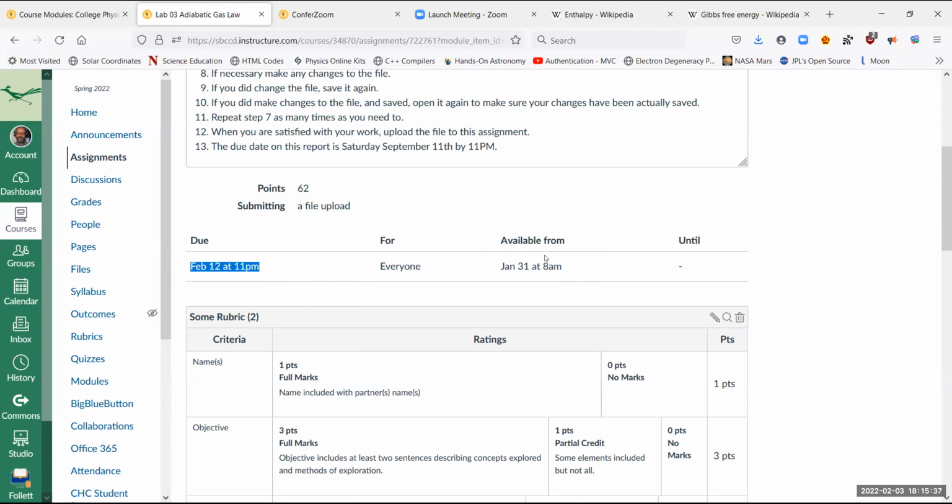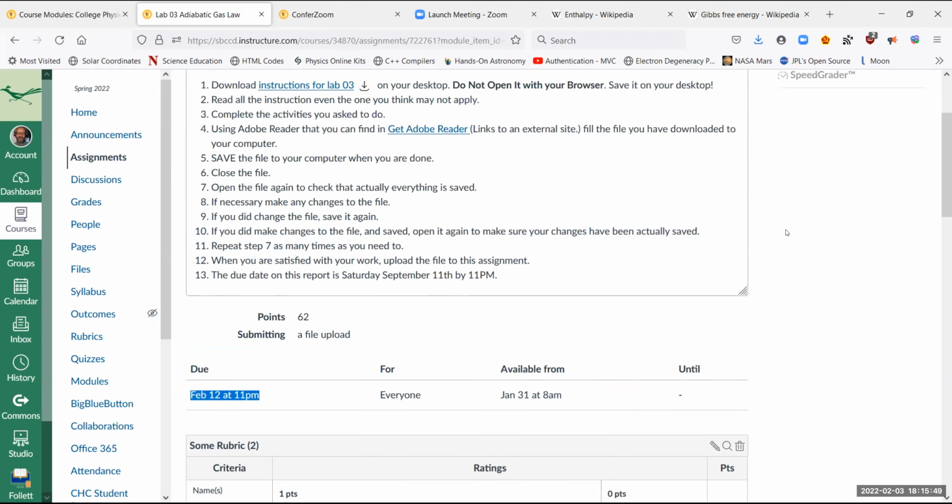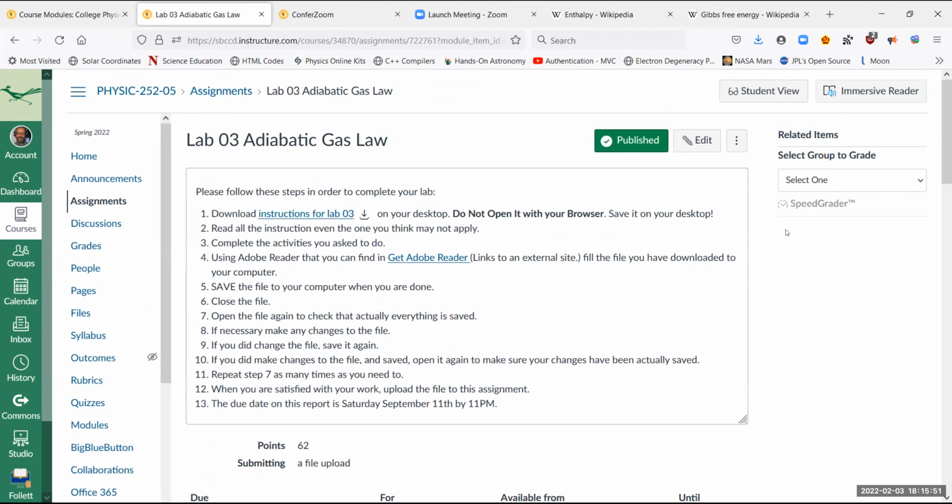So these labs, we have to get them done before the actual exam. The exam is going to be toward the end of the month, the 4th week of February. So we're going to get a lot of this material in. These labs sometimes are very helpful and instrumental toward the exams too. They're actually very good preparation for the exam. So we really need to get these things going.